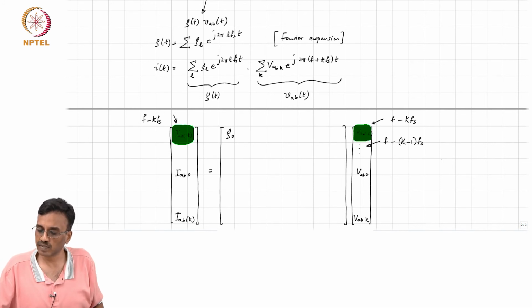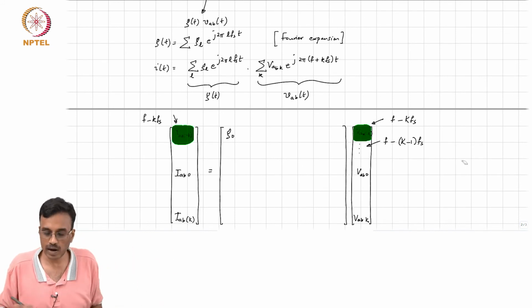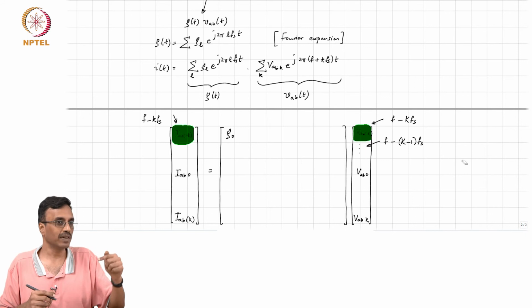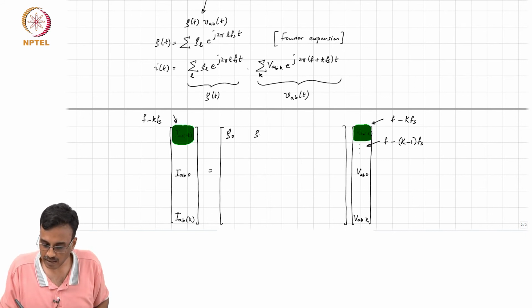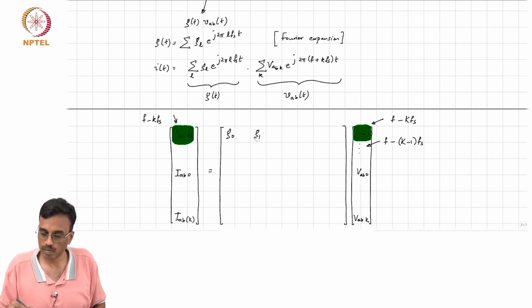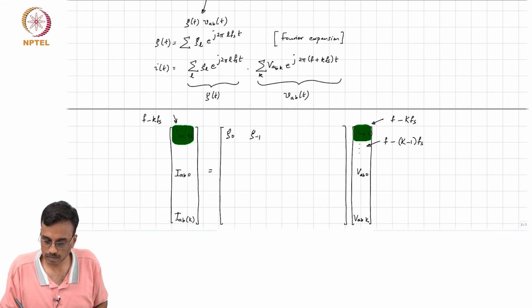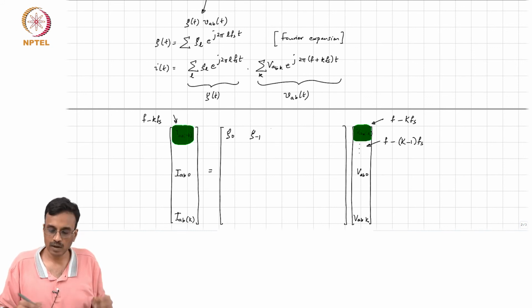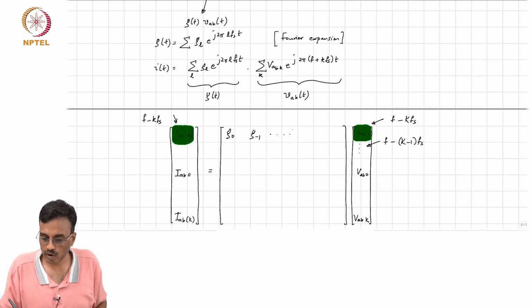The input tone is F minus K minus 1 times Fs, so basically the frequency is jumping by plus 1 Fs. The only way that can happen is if you multiply it by G minus 1. And so on and so on.